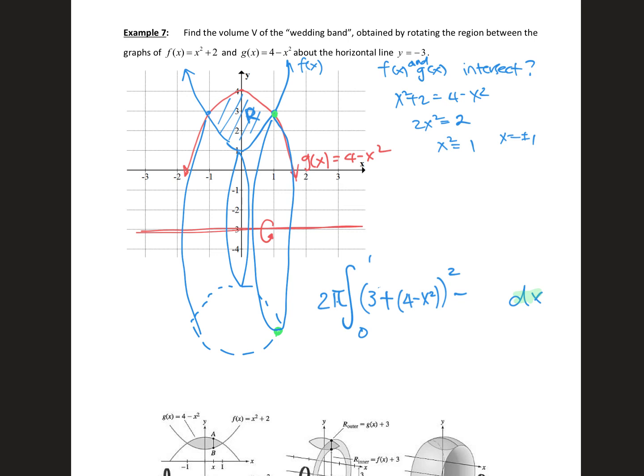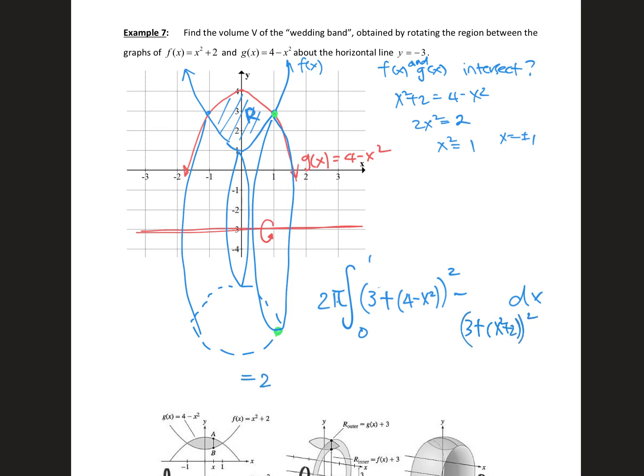The small one is x squared plus 2. Each radius is going to be bigger by 3. Here it is 1, but the radius for the small circle is actually 4 because 1 plus 3. So it does the same thing: 3 plus x squared plus 2, the whole thing squared.